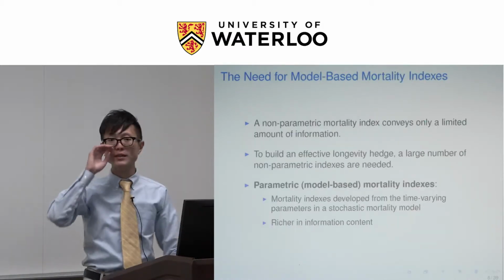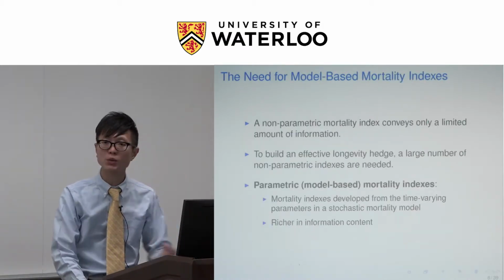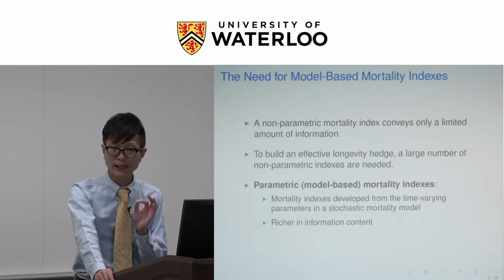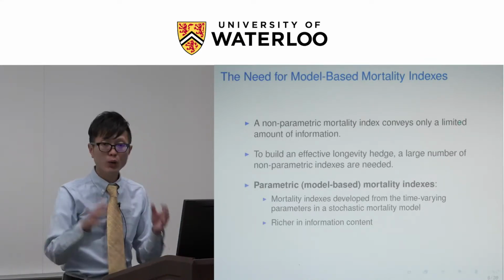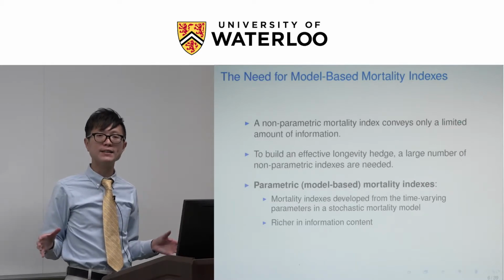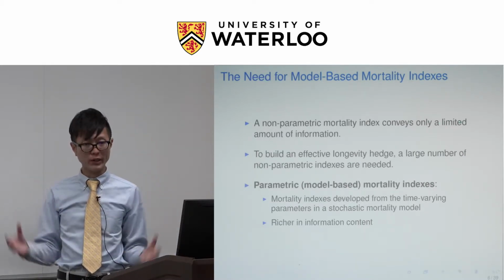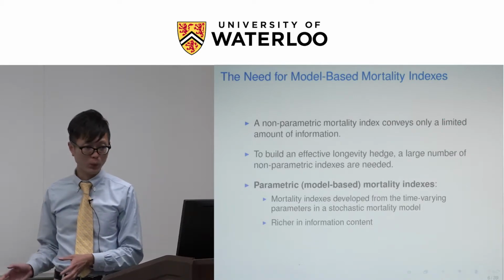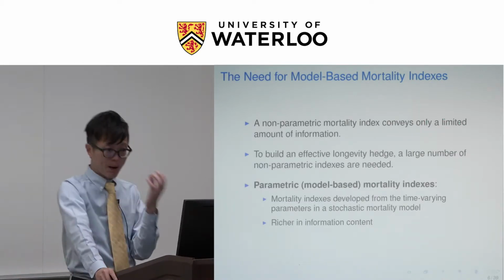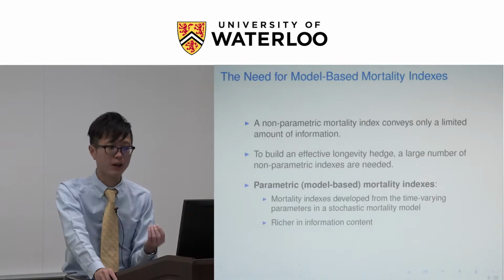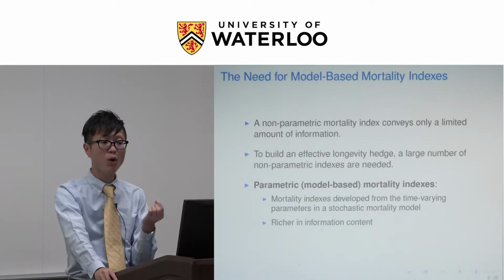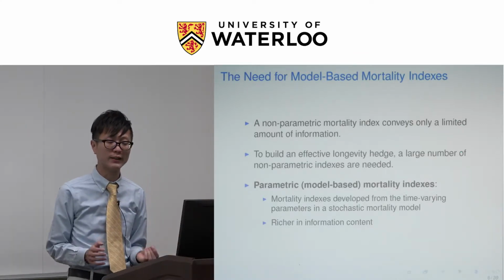So what are the consequences? The main consequence is that to build an effective longevity hedge using non-parametric indices, a large number of indices, i.e. securities, will need to be used. Because of this, we may want to consider parametric, i.e. model-based mortality indices instead.